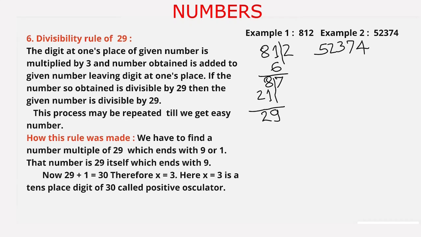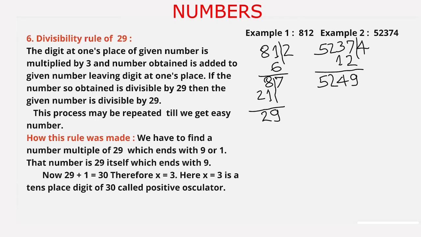And leaving this 4, we add 12 to the remaining part of the number after leaving 4, and that part is 5237. And we have to add 12 to this. 7 plus 2 is 9. 3 plus 1 is 4. And we carry 52. So this number becomes 5249.